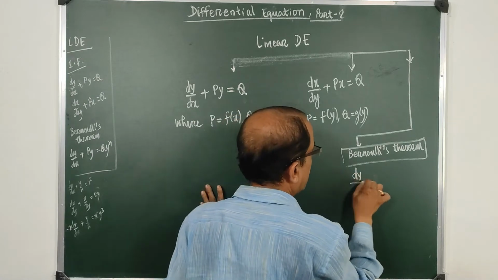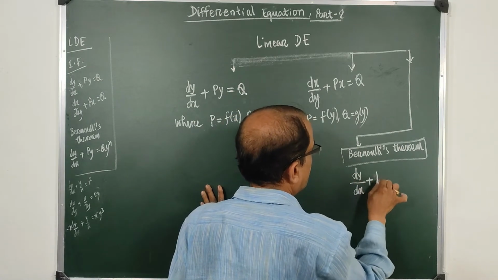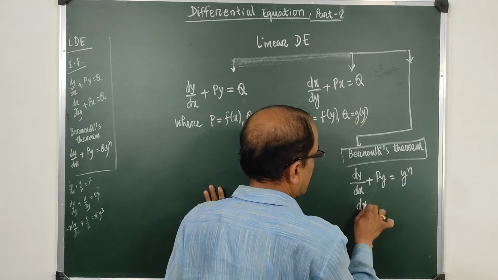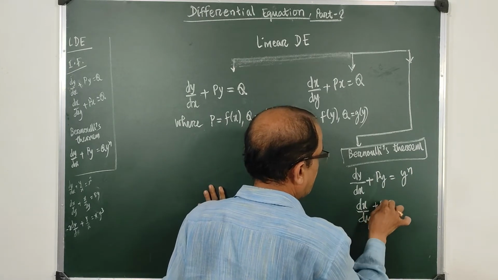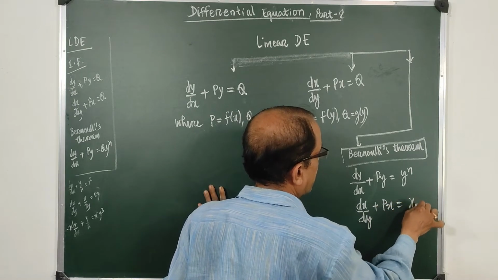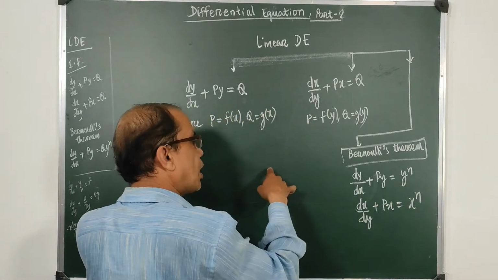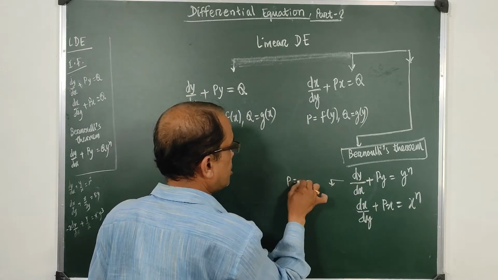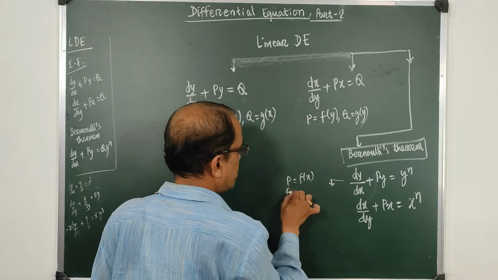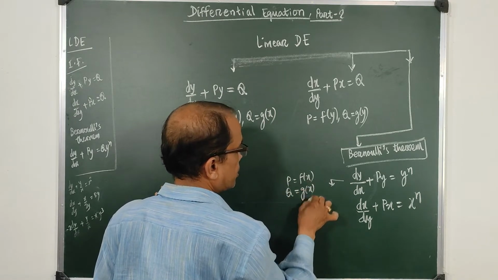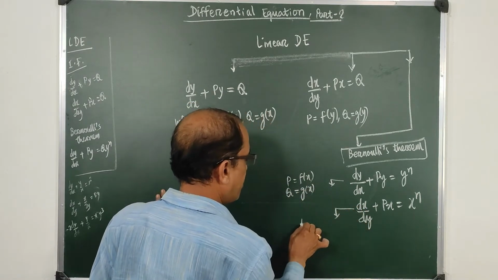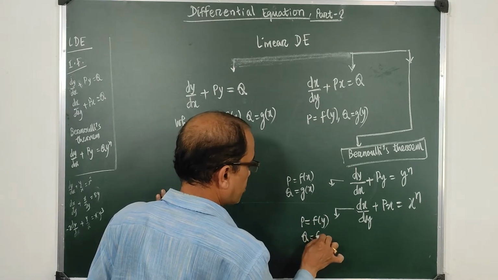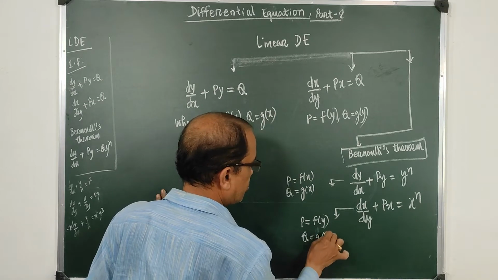So it may appear like dy by dx plus py is equal to q y to the power n, or dx by dy plus px is equal to q x to the power n, and p and q have the natural formats. For this we have p is a function of x, q is another function of x, g of x. Similarly for this, p will be a function of y, f of y, while q will be another function of y, which is g of y.